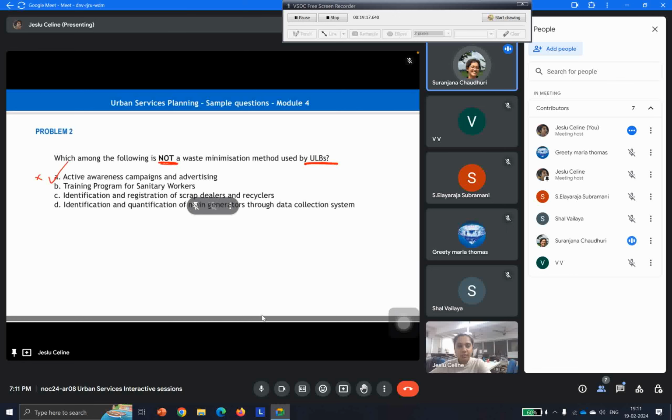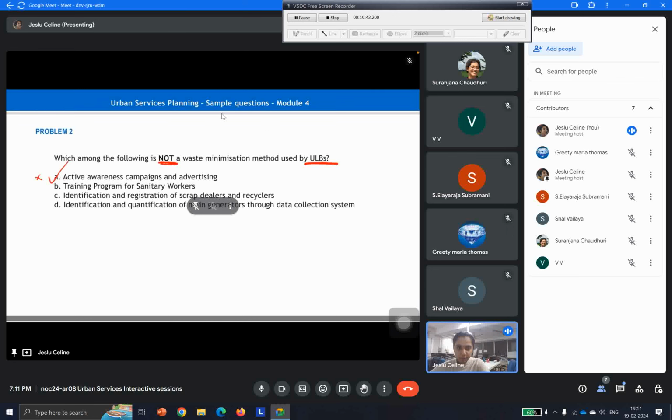Right, absolutely. Very good for sharing that view. You're absolutely right. So option B, training program for sanitary workers: by training sanitary workers, we can make the method of waste collection more efficient, and the segregation, the processing, the recycling of the waste which has already been generated can all be made more efficient.